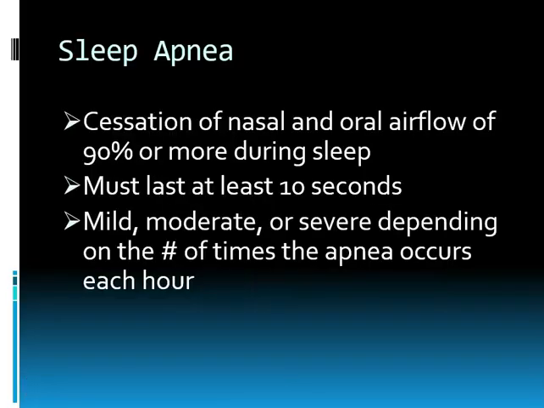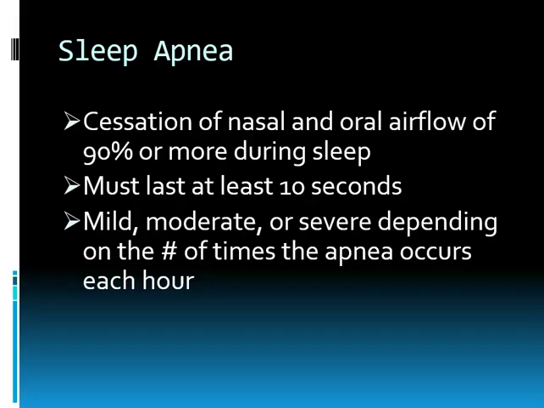So let's start with the definition of an apnea. It's just the cessation, or the stopping, of airflow for at least 10 seconds while asleep. And that drop in airflow doesn't have to be complete for the entire event. It's just that for at least 90% of the event, you have more than a 90% drop in airflow.